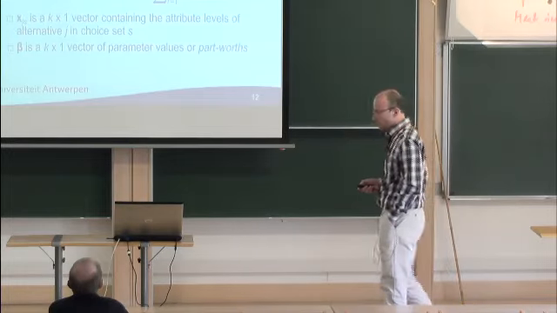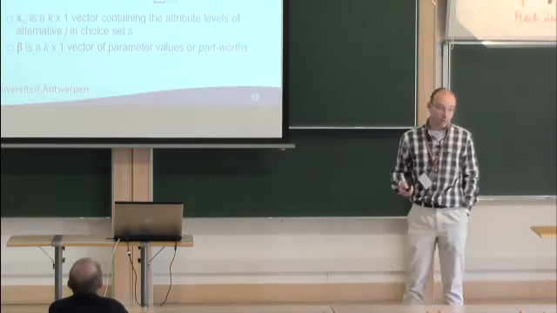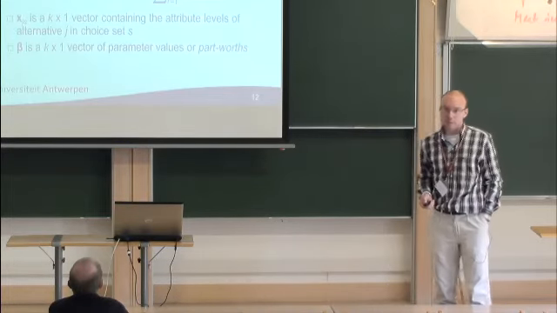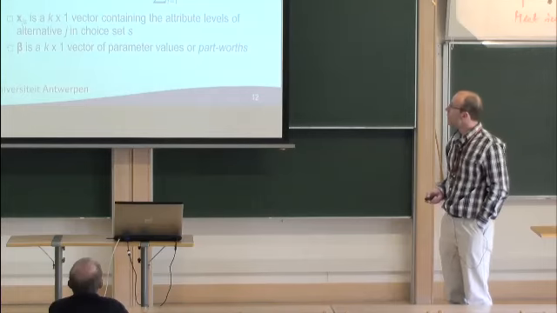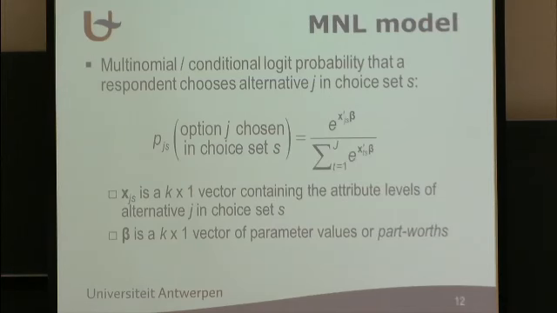Now the question, of course, is how do we come up with a nice partial profile design? Well, for this we need to start from a model, and the model that we used in our work is the multinomial logit model, in which the probability that a certain alternative j in choice set S is chosen looks like this. That's a logit probability.